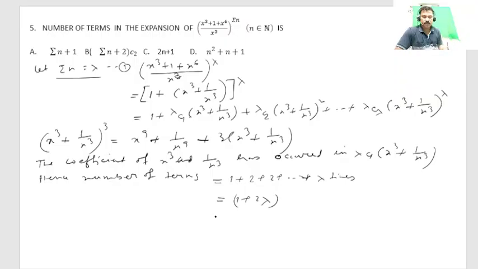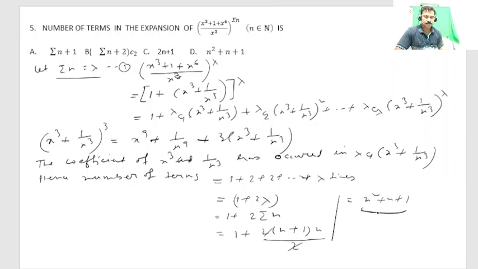Okay, that is 1 plus 2 into sigma n here, that is 1 plus 2 into n into n plus 1 divided by 2, cancel out. If we calculate these, we have n square plus n plus 1. This is the answer. So the option D is the correct answer here.